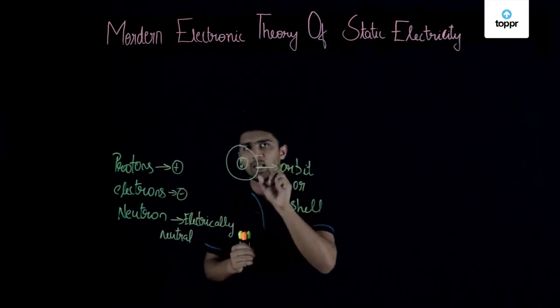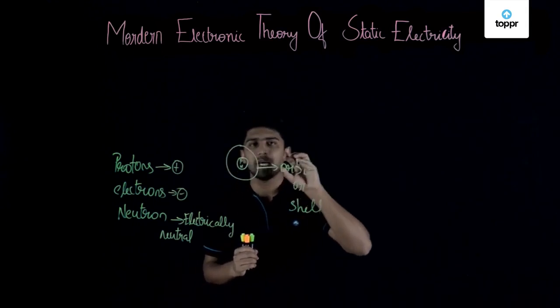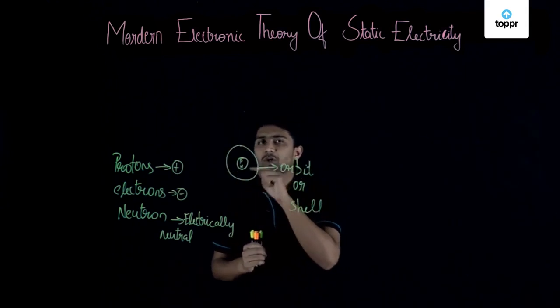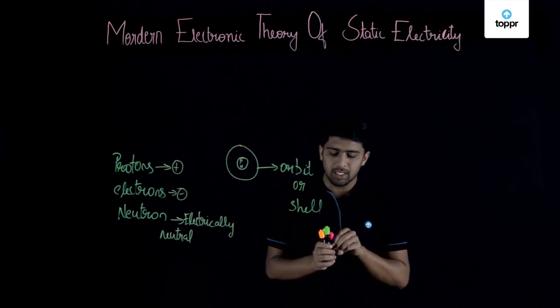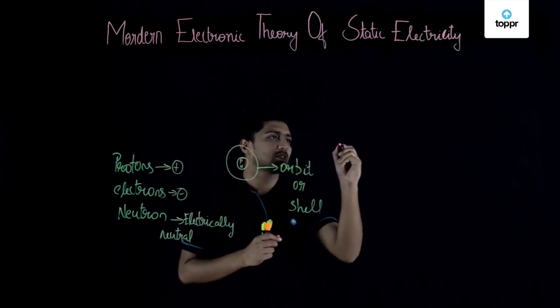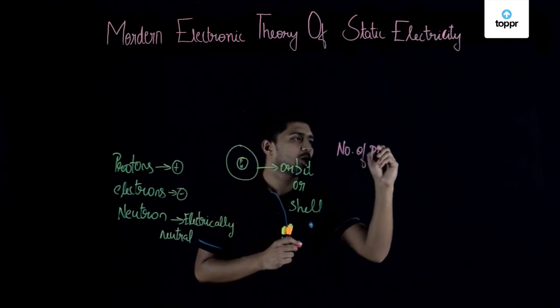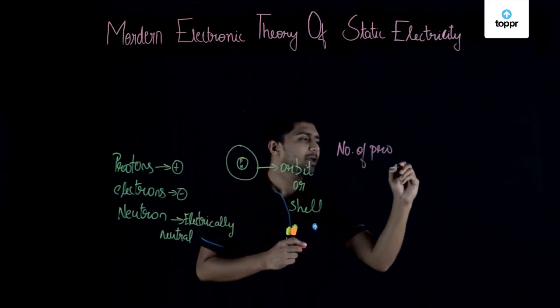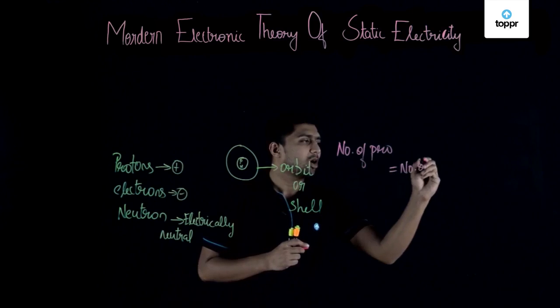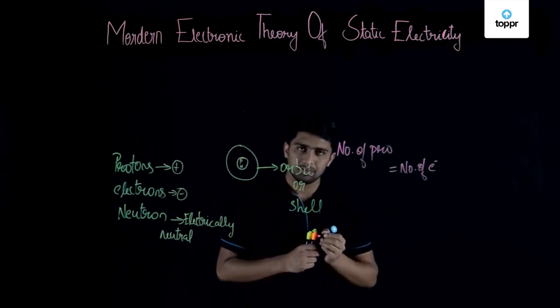Actually, if we are considering an atom, there will be an equal number of protons and electrons, which means the number of protons will always be equal to the number of electrons.